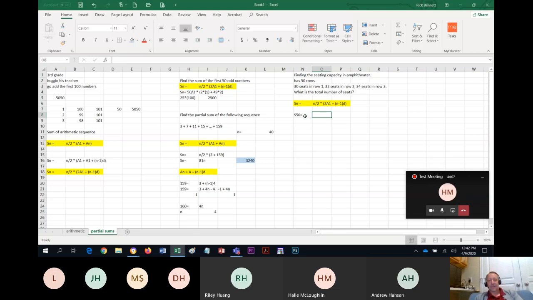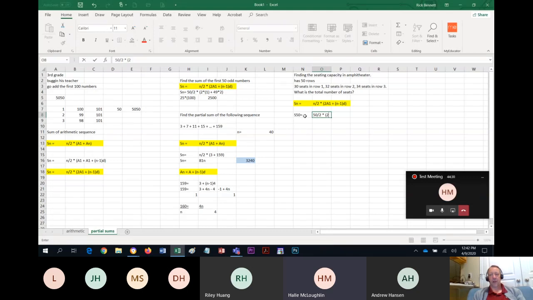Okay, so S sub 50 equals 50 divided by 2 times 2 of, is it 2 times 32 or 2 times 1? Neither.